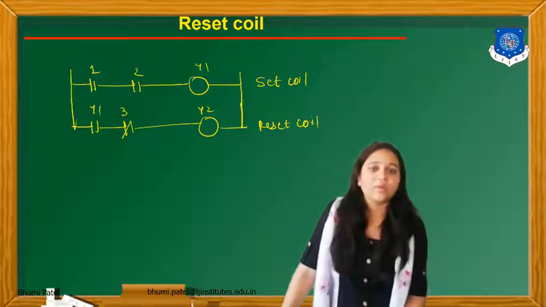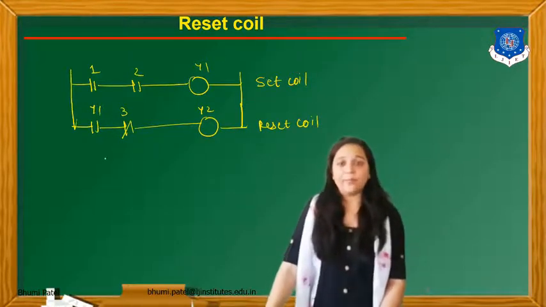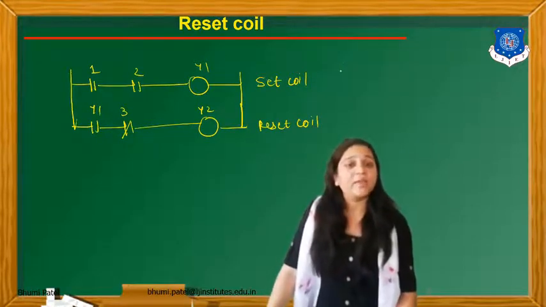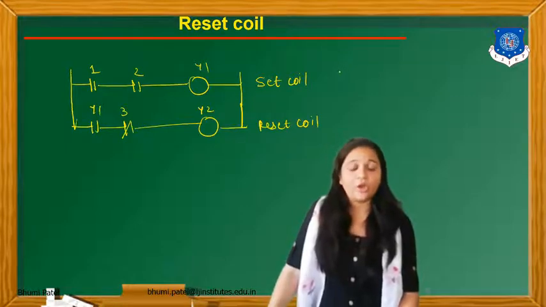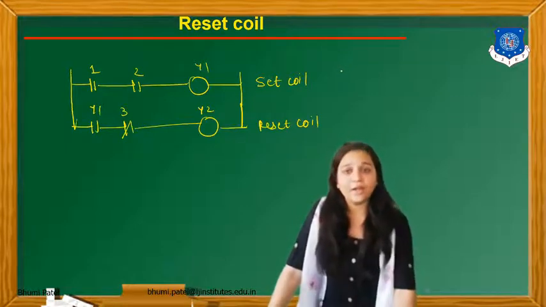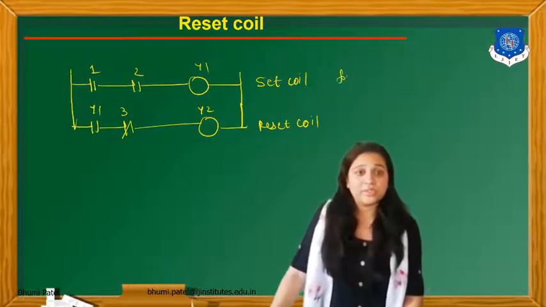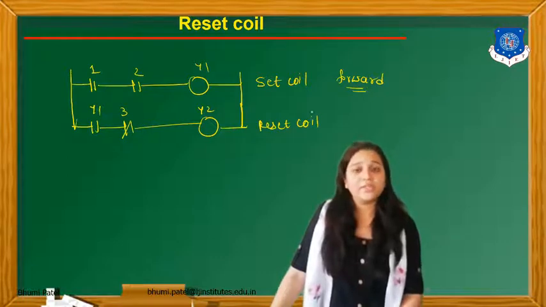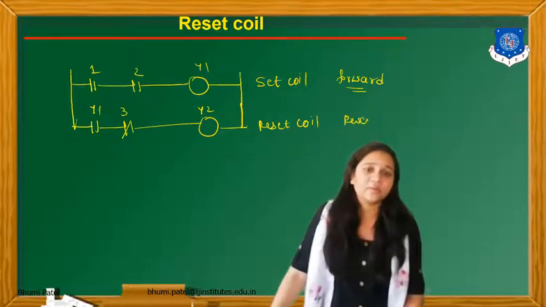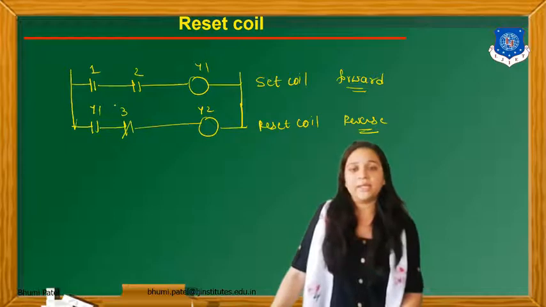One appropriate example is if we have to draw the ladder logic diagram for a forward and reverse motor. This is my forward motor logic and this is my reverse direction logic diagram.